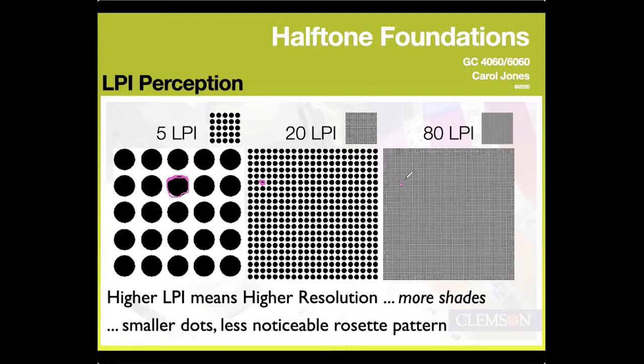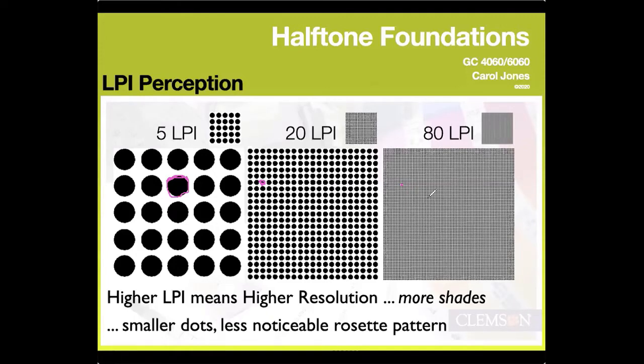I'm going to notice it much more greatly because I've got a smaller dot. Even though these are all 50% dots, when I get up to finer line screens, those are smaller dots. So the same amount of growth around the 5 LPI versus the 80 LPI is not going to be as significant as with these finer line screens.